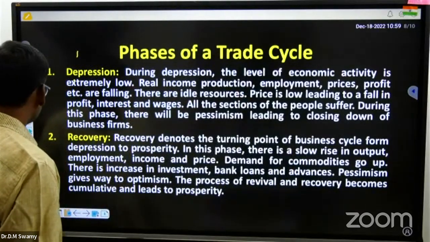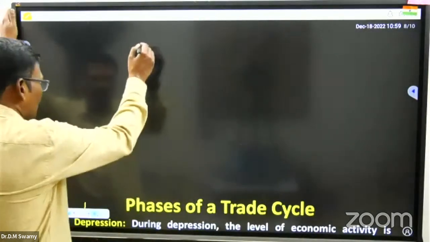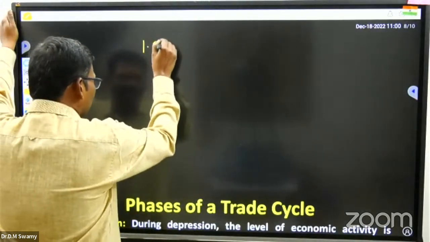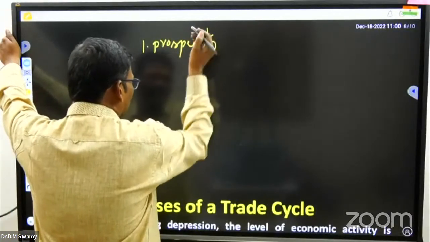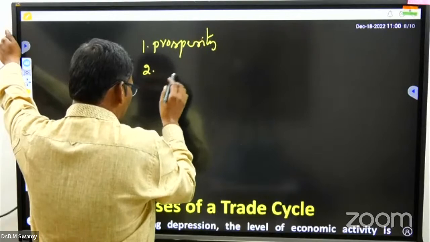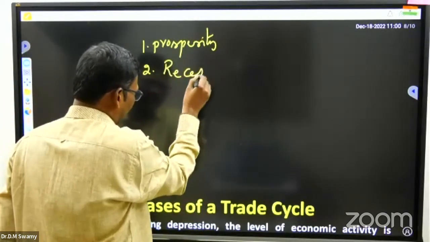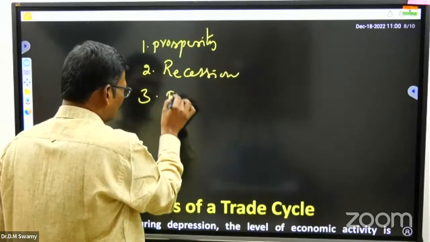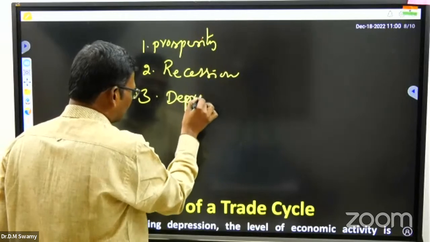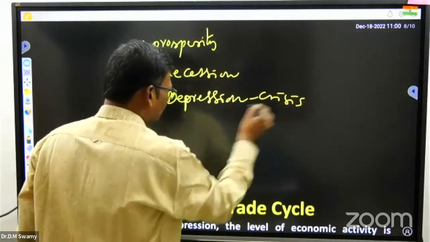Generally, the prosperity stage; after the prosperity, we can see a recession stage, and then the depression stage, that is called economic crisis.